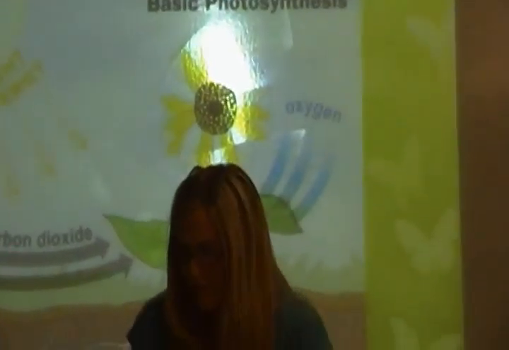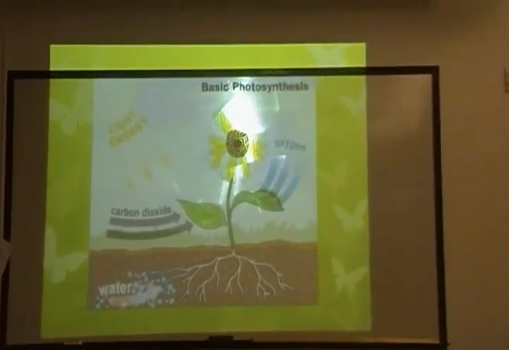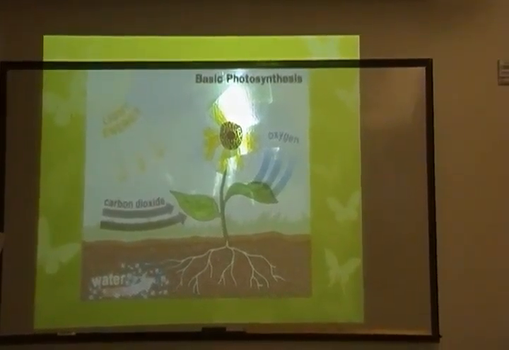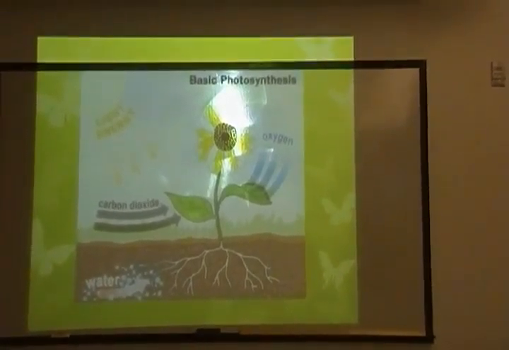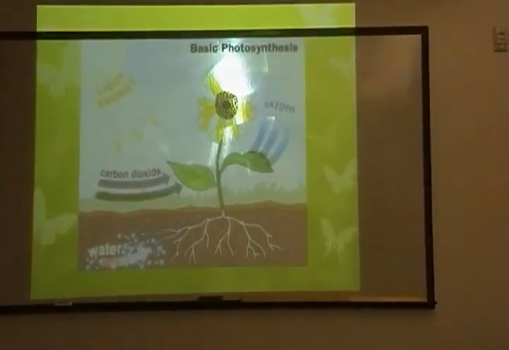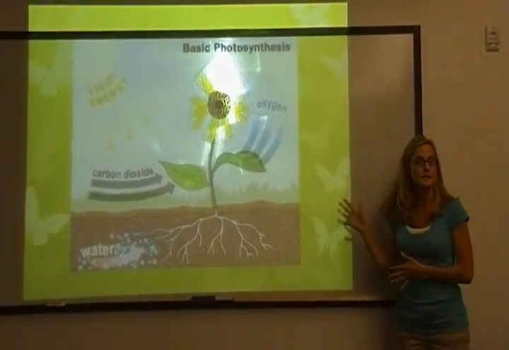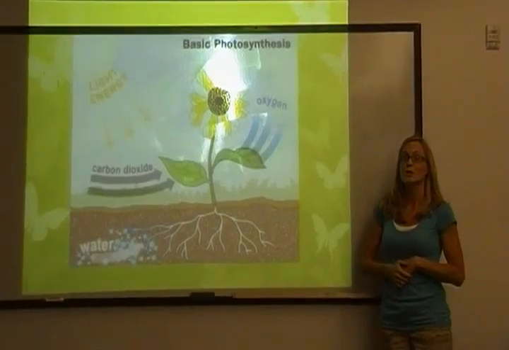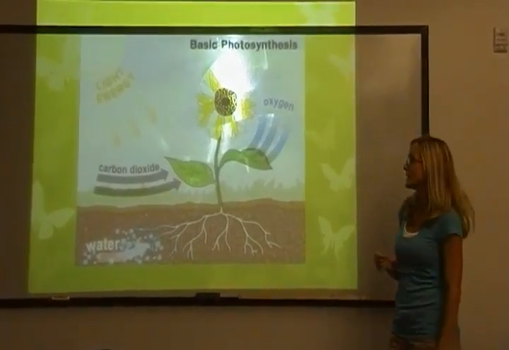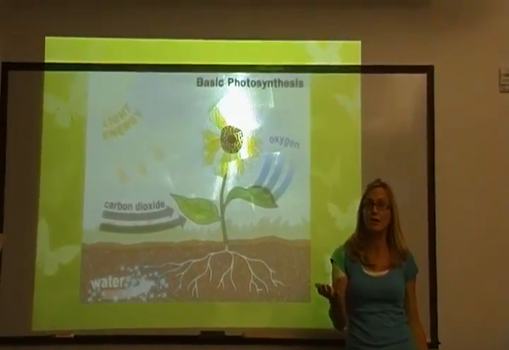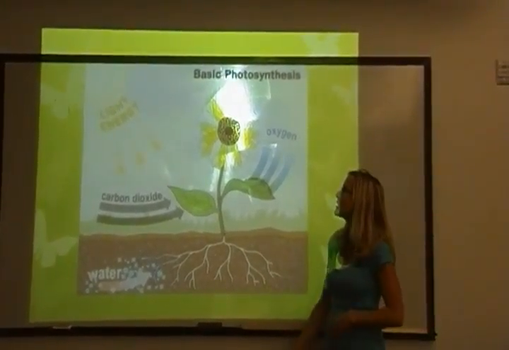I have an organizer for you to keep track of what goes on in photosynthesis. So we have here a diagram that is the basic idea behind photosynthesis. You all shared some great thoughts and ideas about what photosynthesis has to do with.